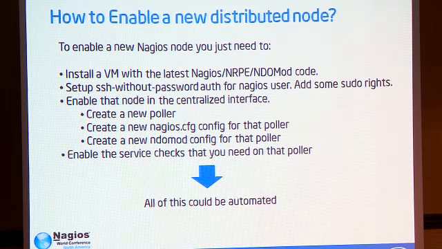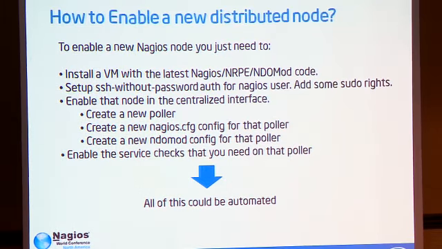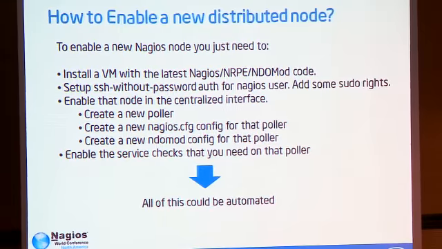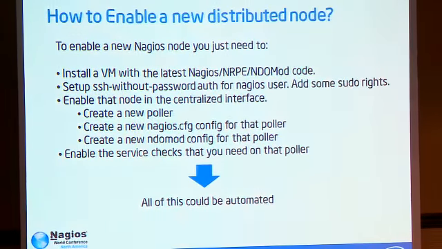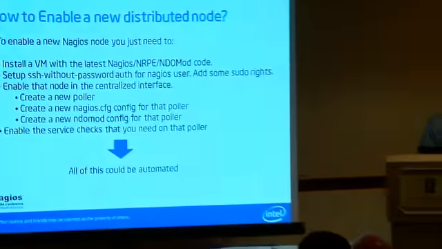How simple is it to enable a new distributed node? We are using VMs for all the Nagios instances. So you install a VM with the latest Nagios, NRPE, and NDOMod code. Set up passwordless SSH for the Nagios user and add some sudo rights so the central Nagios can restart the remote Nagios.